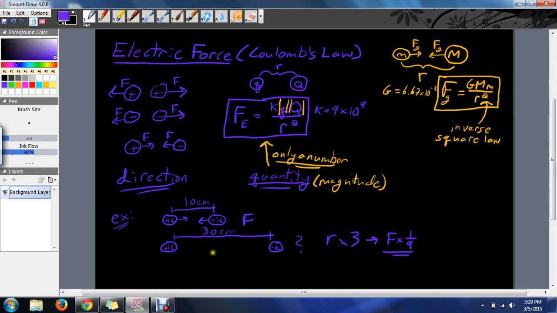So you'd say this force here was F over 9. So if these are both experiencing a force F, these will now experience a force F over 9. I hope that makes sense.